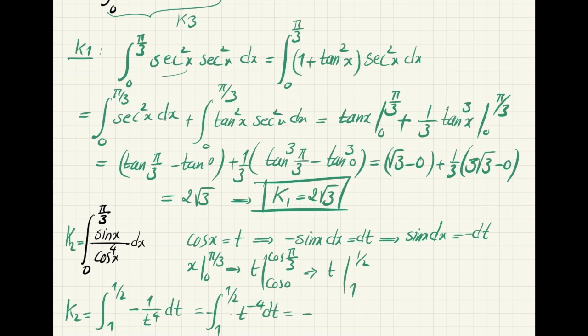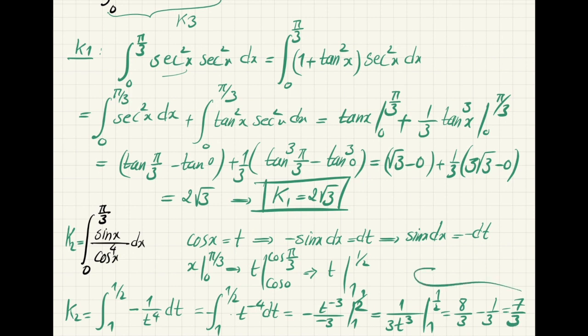And then it becomes minus t to the power of minus 3 divided by minus 3 from 1 to 1 over 2. So this is equal to 1 over 3 t cubed from 1 to 1 over 2. If I put 1 over 2 here, it becomes 8 over 3 minus 1 over 3, and that is 7 over 3. So what I get is that k2 is 7 over 3.